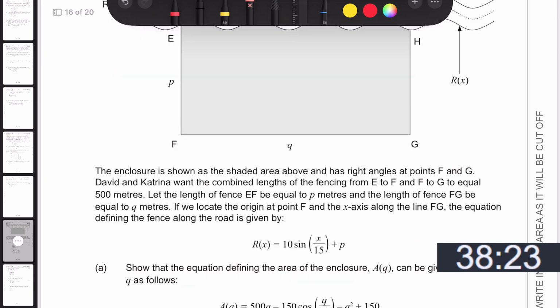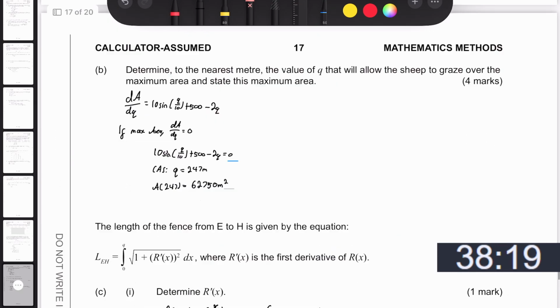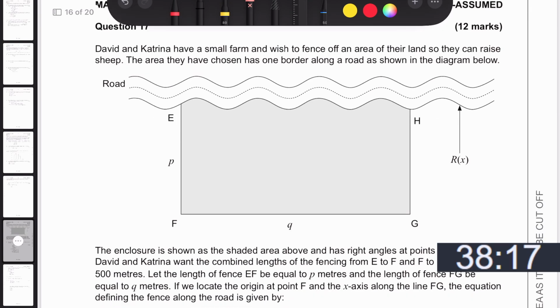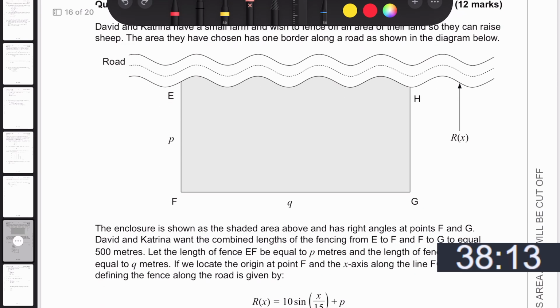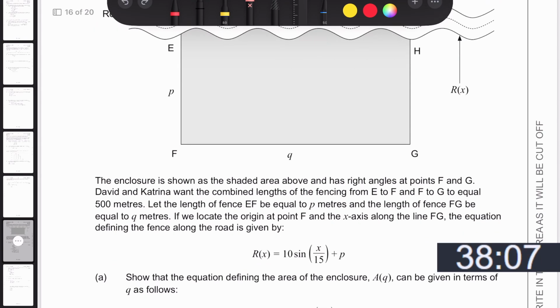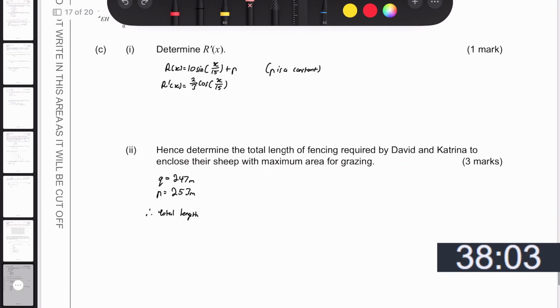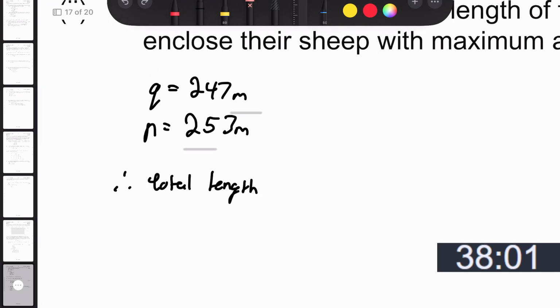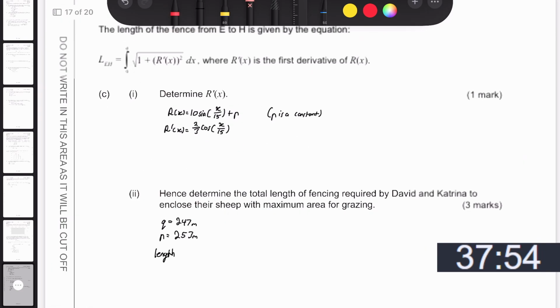See, is G to H the same length though? The length of E to H is given by, so we'll say length. Let's just do this first.